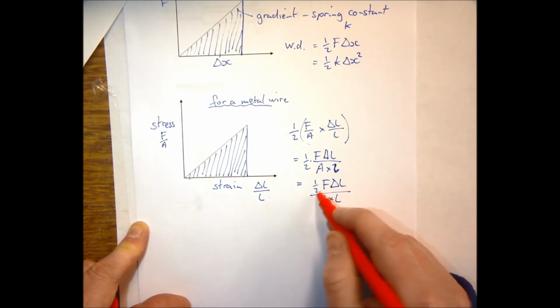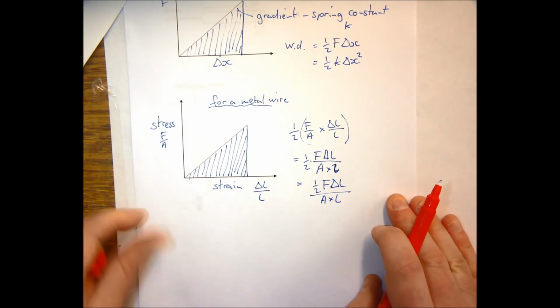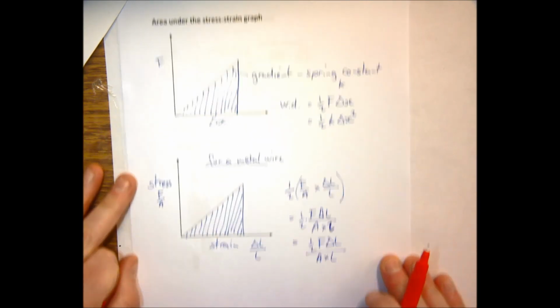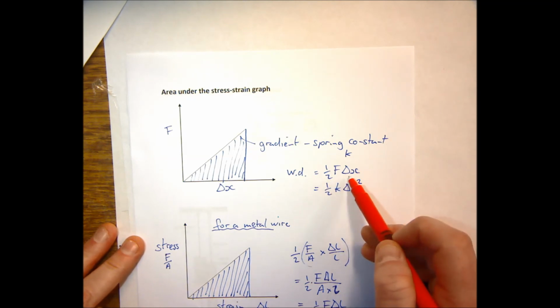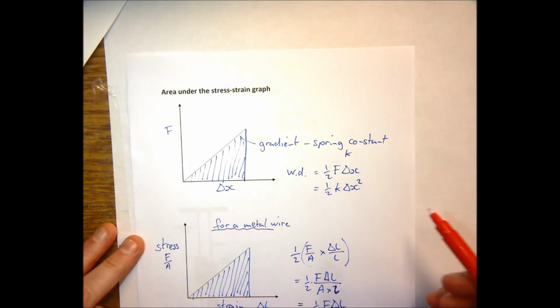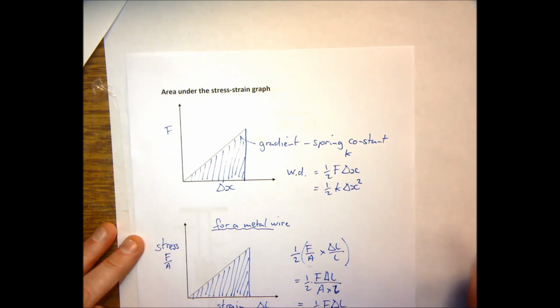Okay, well, if we look at this top thing, which is half force times the change in length, it just looks like what we had for the spring, half force times the extension, and we saw that that was the energy stored in the spring. The work done on the spring is the energy stored in the spring.